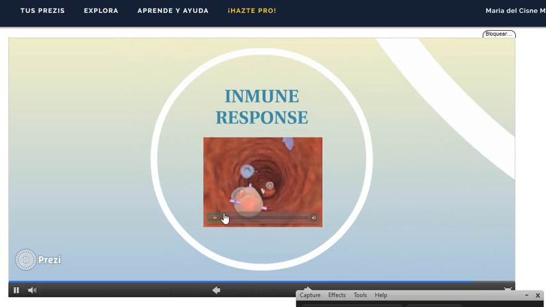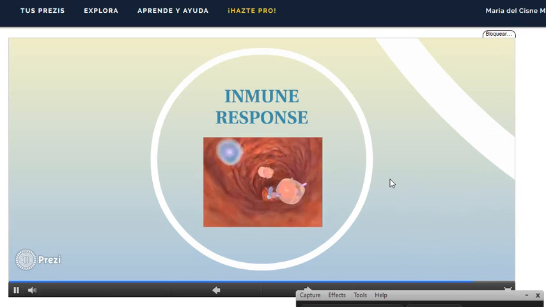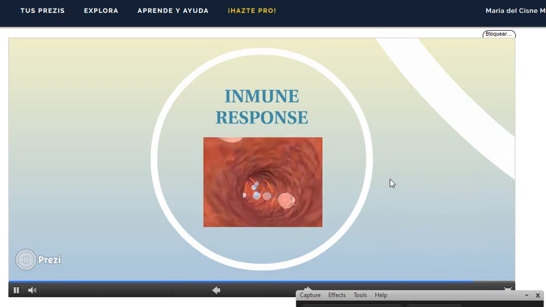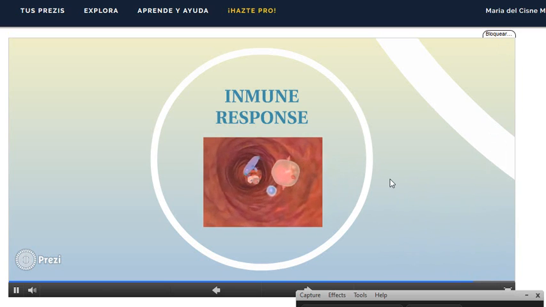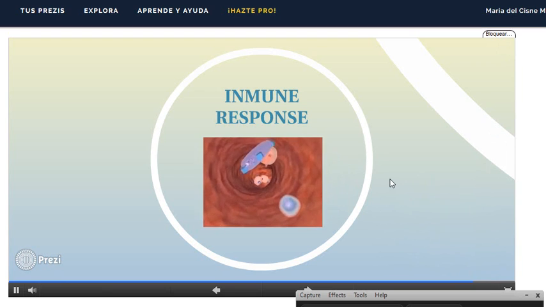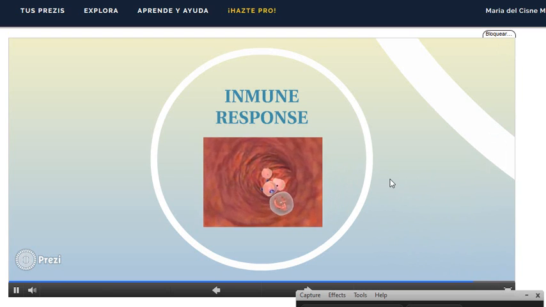The immune response involves white blood cells called lymphocytes. The most important are B and T cells. Each B and T cell is programmed to recognize and respond to one specific protein called an antigen. Different antigens are present on cell membranes.